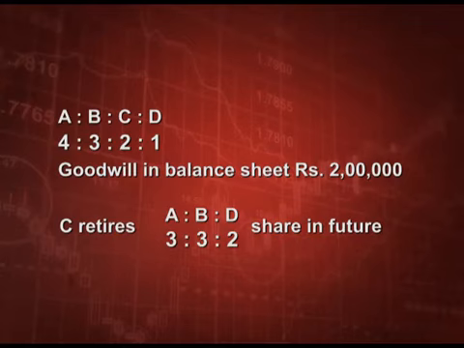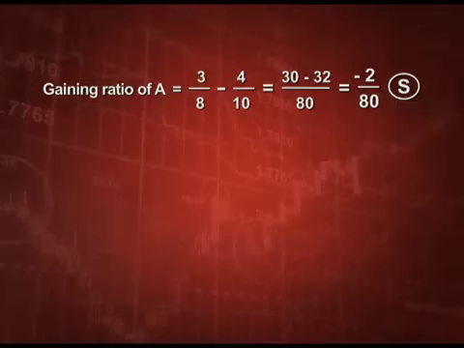Now, what is the old ratio for A, B and D? 4/10, 3/10, 1/10. And what is the new ratio? 3/8, 3/8 and 2/8. Let us calculate first. Now, the gaining ratio of A is 3/8 minus 4/10, and if we take the LCM and do the calculation, it comes to minus 2/80.